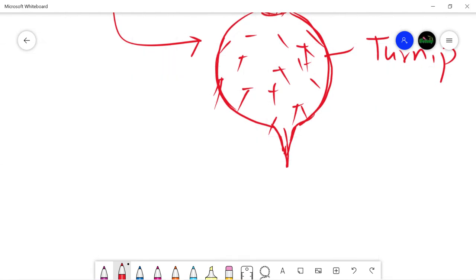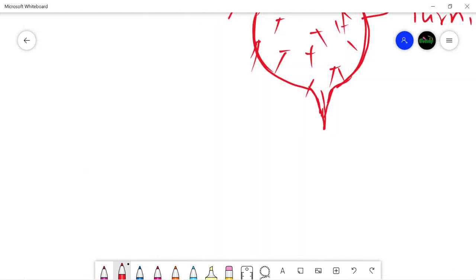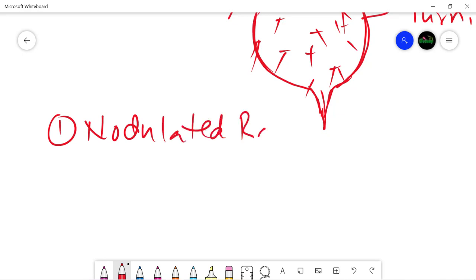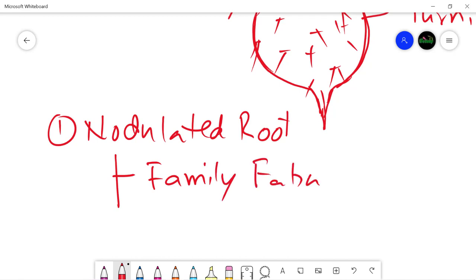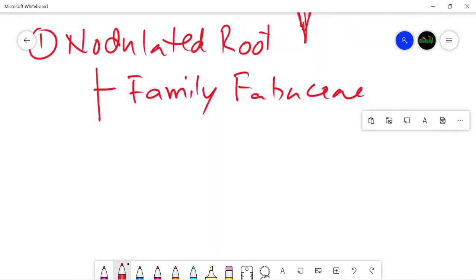One more thing about the taproot, as far as the normal taproot or the fibrous taproot is concerned, is what we call nodulated root. Root nodules are very common in family Fabaceae, or the pea family, formerly known as Leguminosae, the legume producing plants.